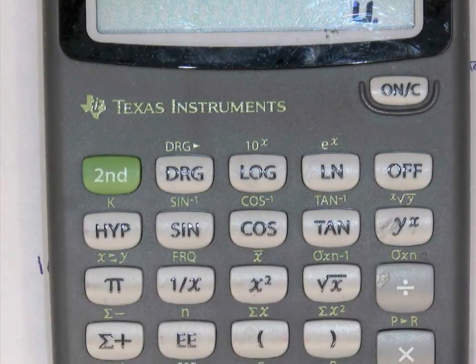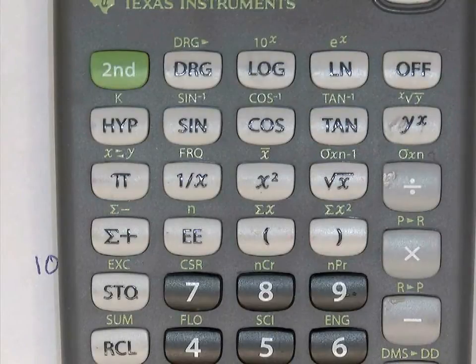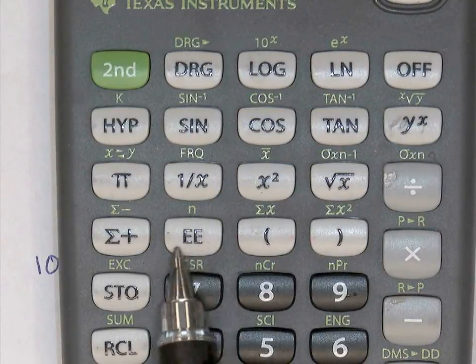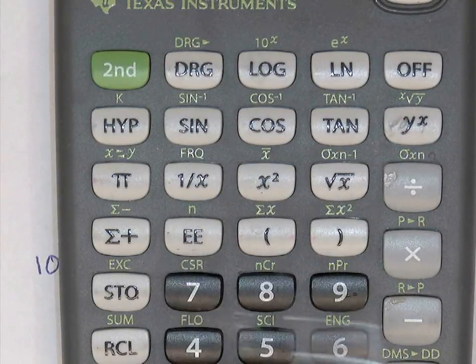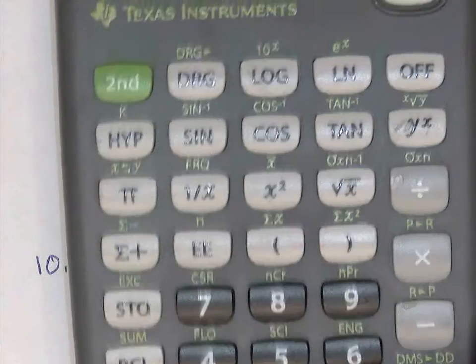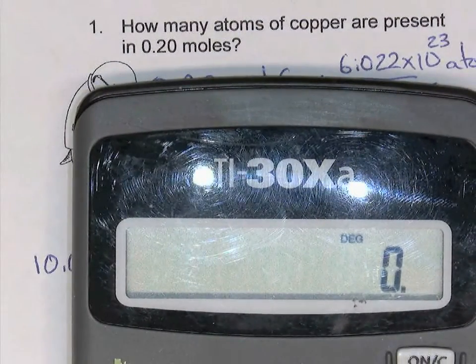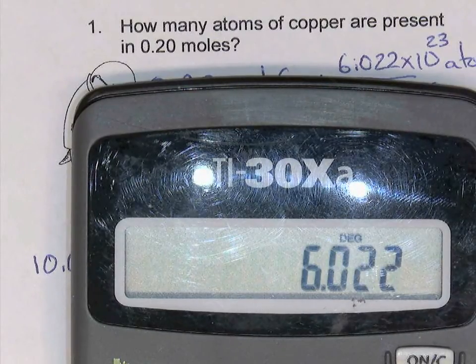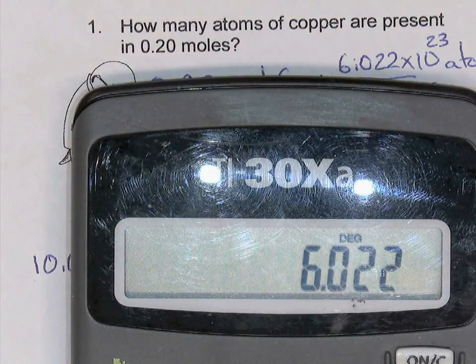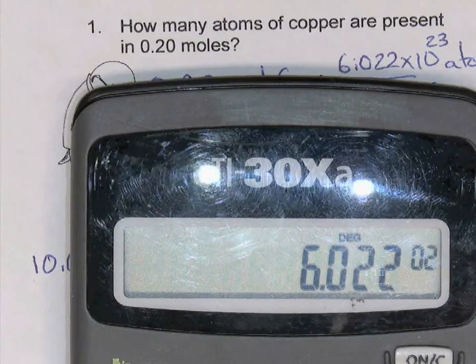Here's a Texas Instruments calculator, and they have a very commonly seen EE button. So this EE button is their version of the EXP scientific notation button. So I would type here 6.022, then I press that EE button, and then 23.